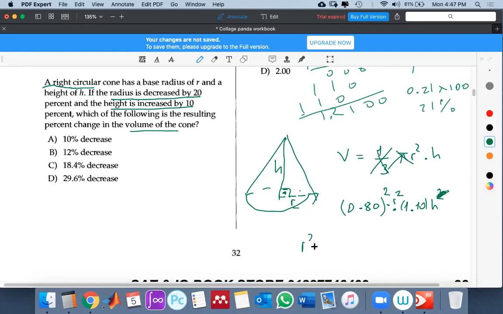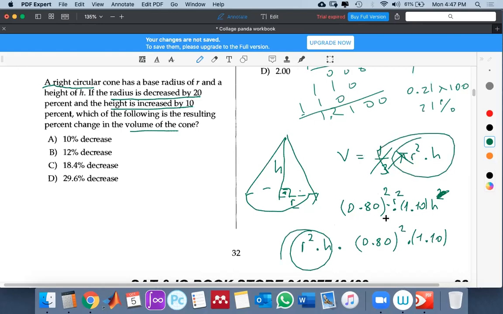So it will be R squared times H times 0.80 squared times 1.10. So this is the original one, and this is the difference. So 0.80 squared times 1.10 we should calculate.